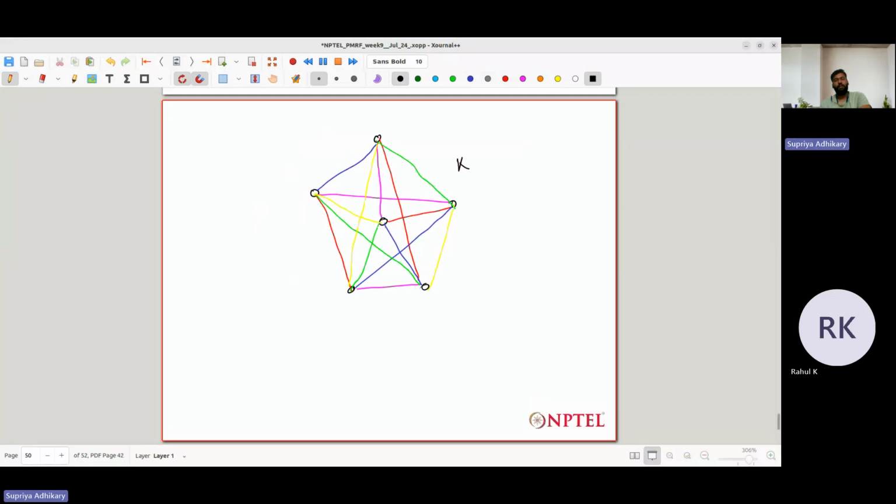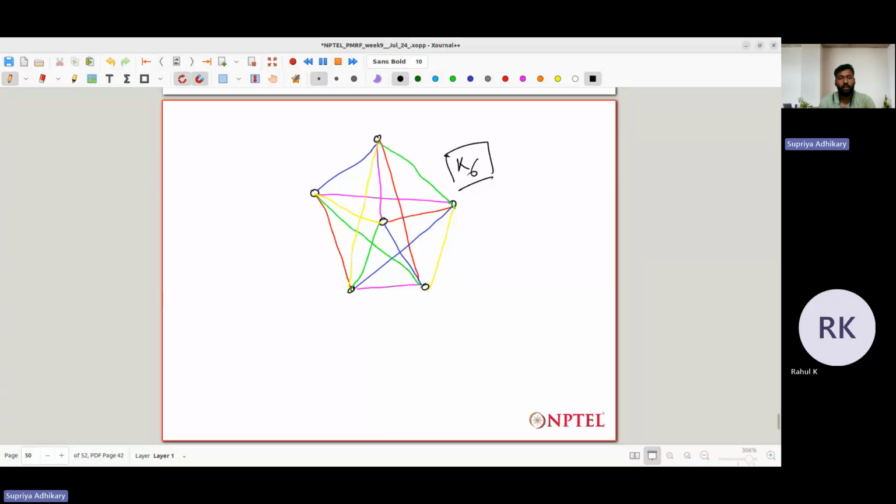But this is not a K5, this is rather K6. And similarly, we can use a similar method to color many edges.